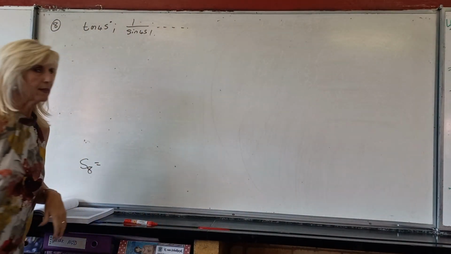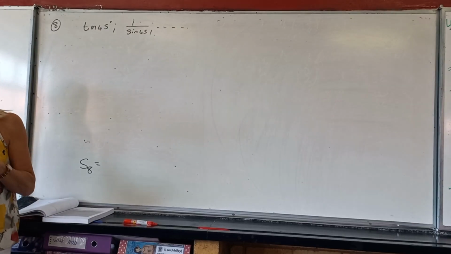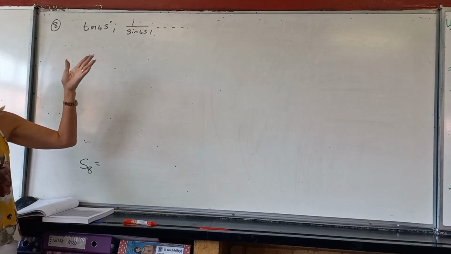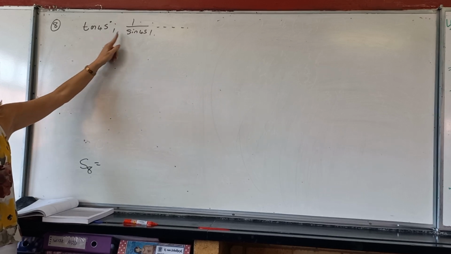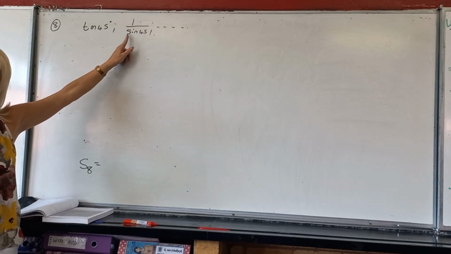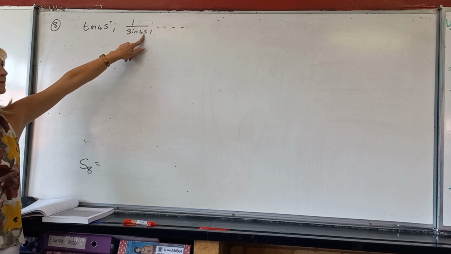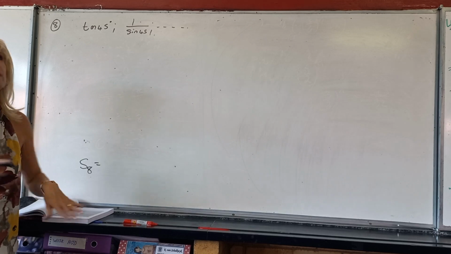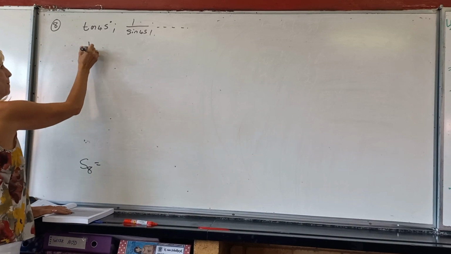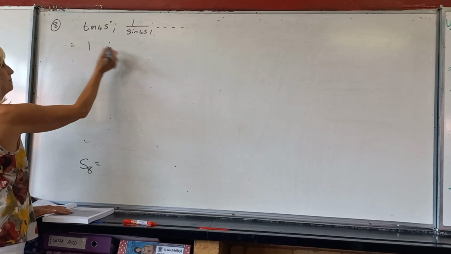Alright, they tell me that the first 2 terms of the geometric sequence is, and then they give me what? 2. More than that? Special angles. So you're supposed to know that that is 1. And then?